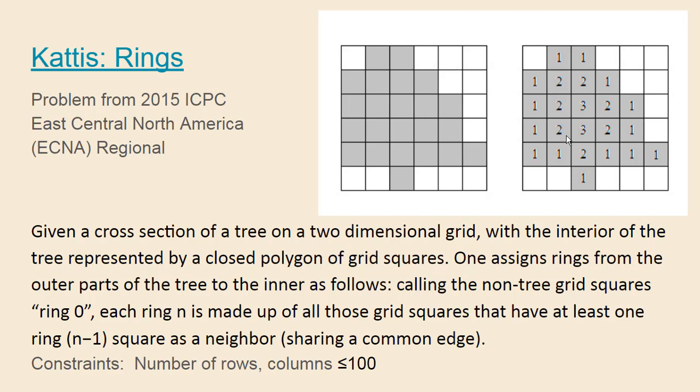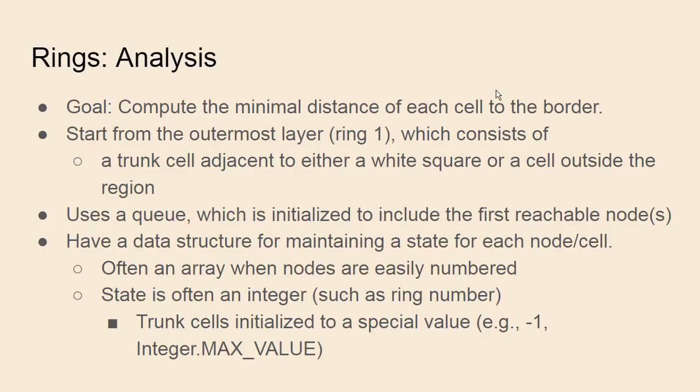Okay, so you can stop the video now and think about how you would solve this problem. The problem essentially asks us to compute the minimum distance of each cell to the border.